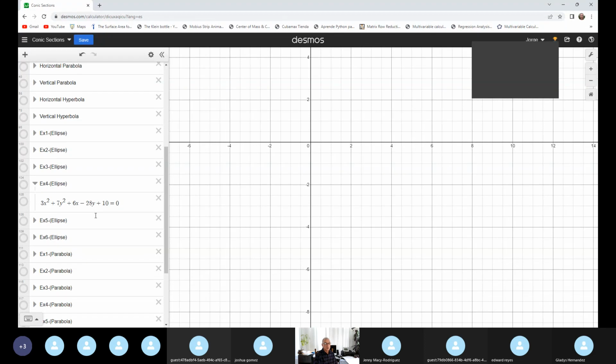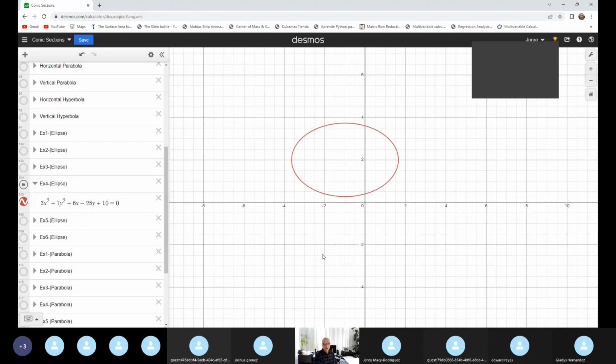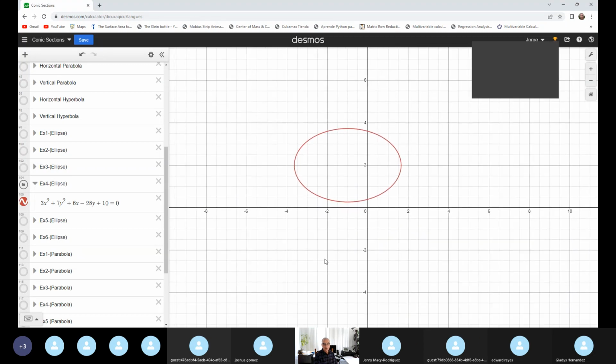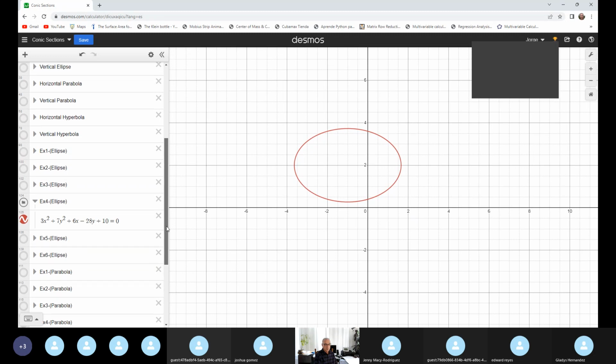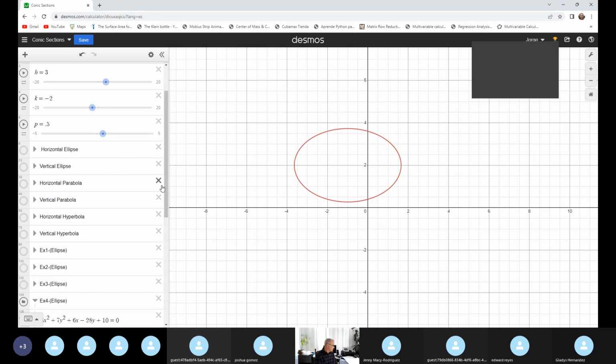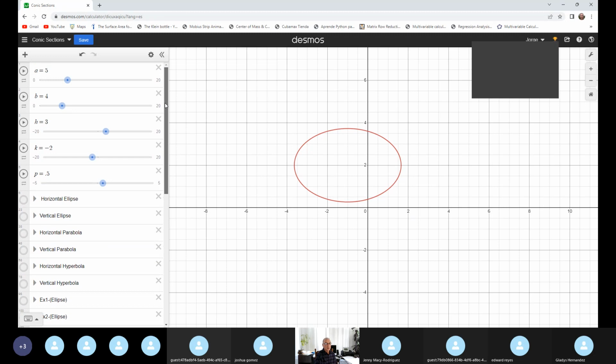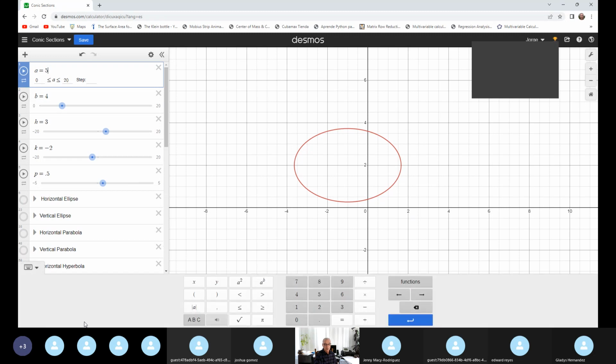Example 4 is, let me put it on the table. Oh, look at that. It's a horizontal ellipse. And do you remember, a is radical 7. You put it here, radical 7, but I recommend using the keyboard of decimals, que es fantastic.